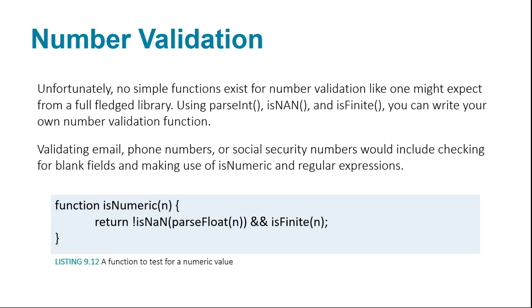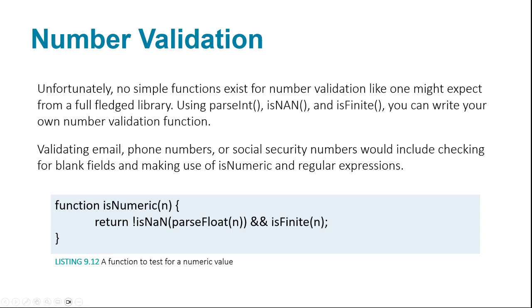We know that social security numbers have a certain length, so we can check for length. Same with phone numbers. Now we can't check whether or not it actually exists, but you can do some simple checks to make sure that it is a plausible answer.